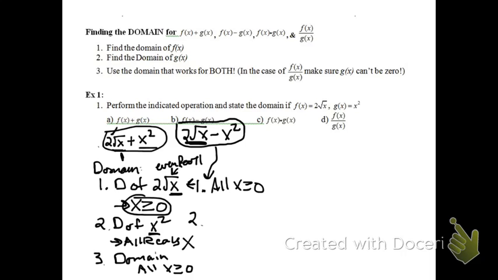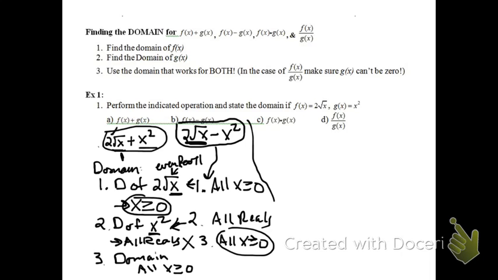Step 2, I'd have to find the domain of g of x, which is still the same as step 2 in the previous example. So I'd still end up with all x, or all real numbers, all reals, and my step 3 would still be the most restrictive of both of the previous domains, and that would be all x values bigger than or equal to 0. So this would be the domain of part B.